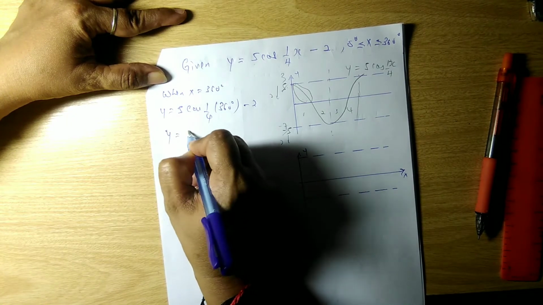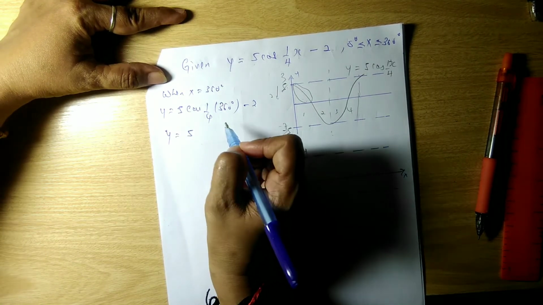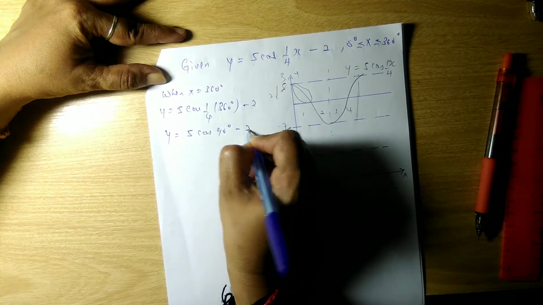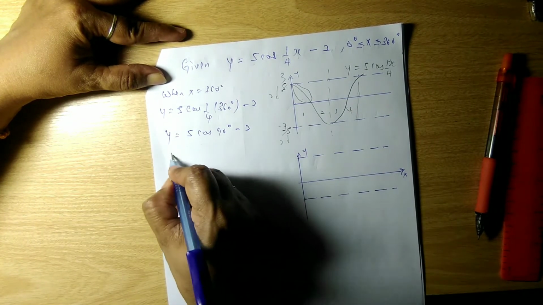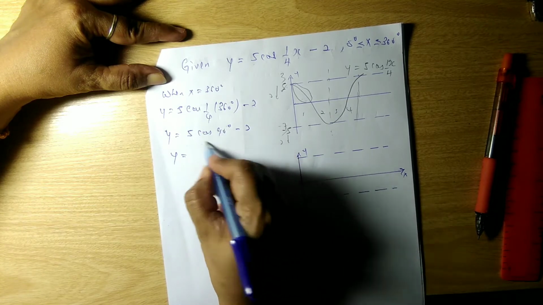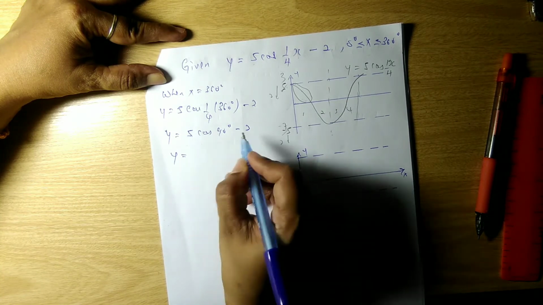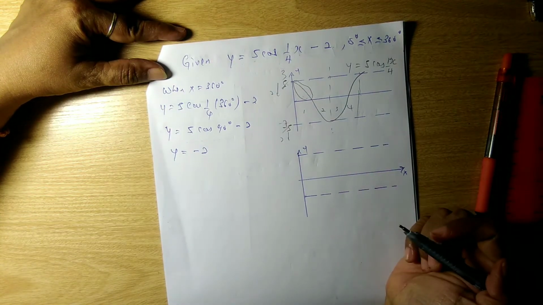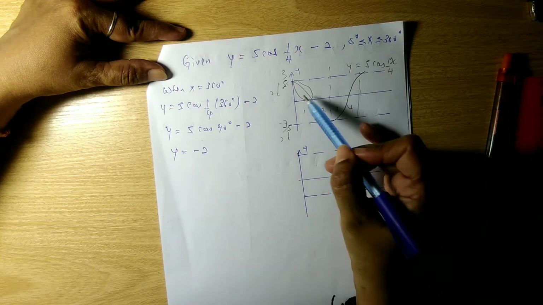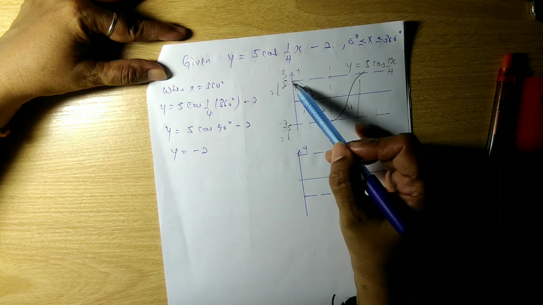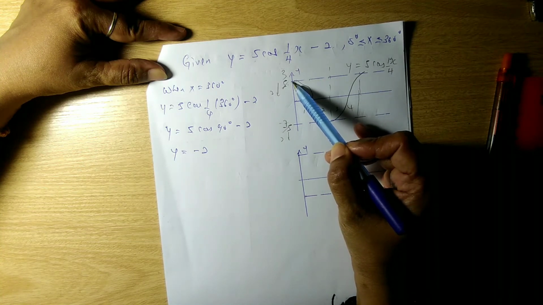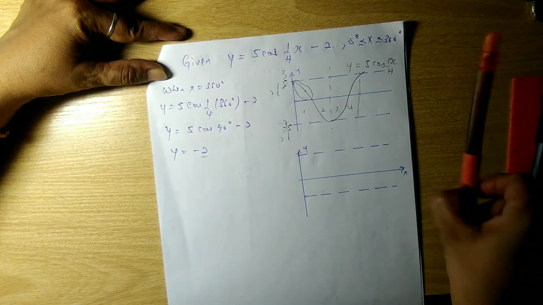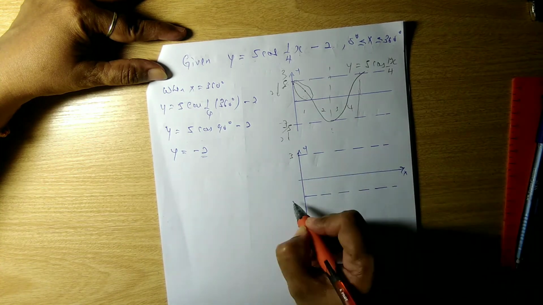This is cos of 90 degrees, minus 2. Cos of 90 is actually 0. 0 times 5 is 0, minus 2, so negative 2. So my graph is only going to be between 3 and negative 2. Let's say 3 is here, and negative 2.